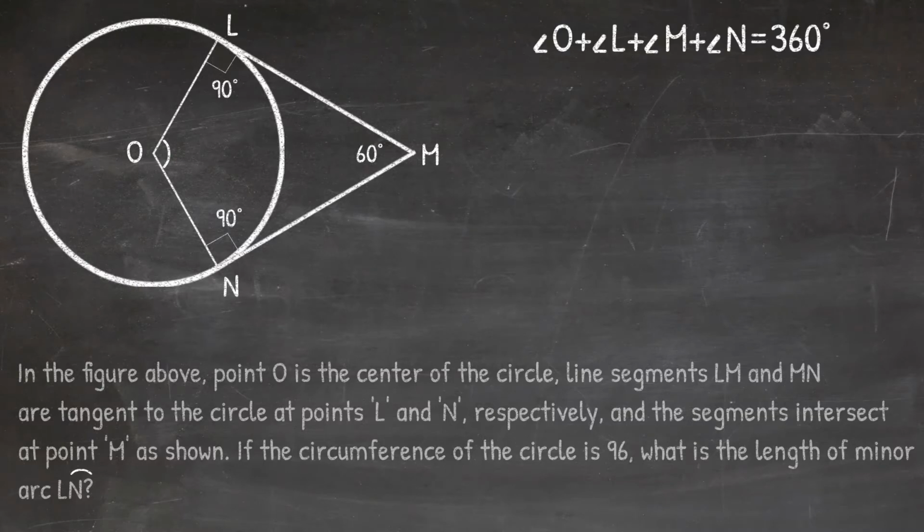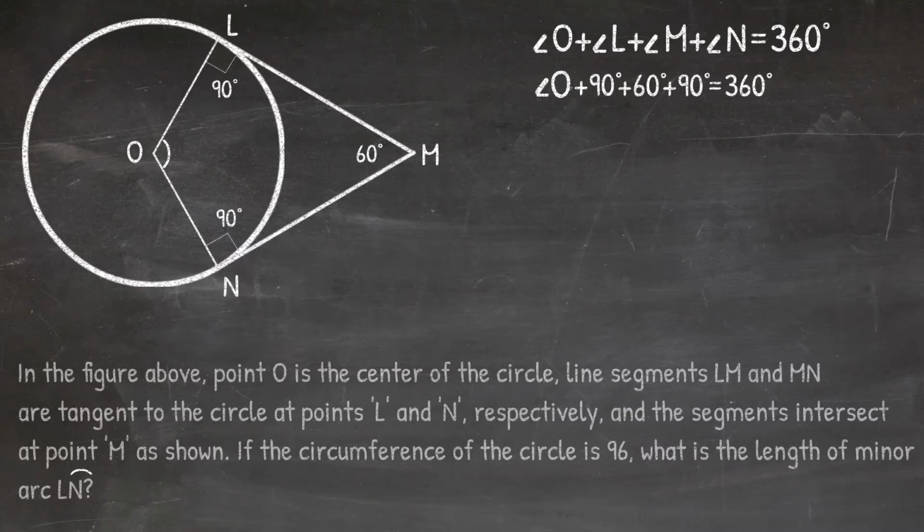We can calculate the missing angle O because we're provided angle M at 60, and we just figured out that angles N and L equal 90. So let's write it down. Angle O plus 90, representing angle L, plus 60 representing angle M, plus 90 degrees representing angle N, should equal 360.